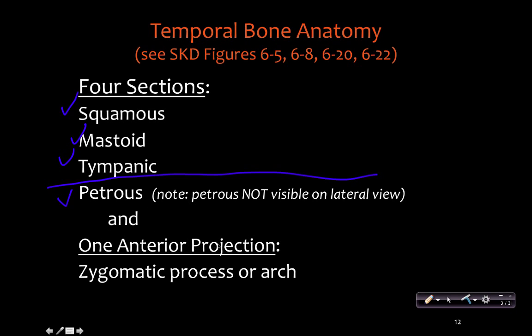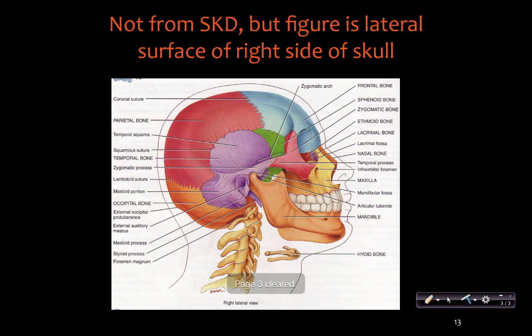There is also an anterior projection that we've seen that provides the connection between the cranial skeleton and the facial skeleton, and that's all called the zygomatic process or the zygomatic arch. That's really more of a COMD 462 concept, so we'll just leave it right there.